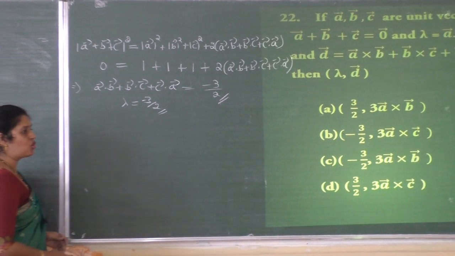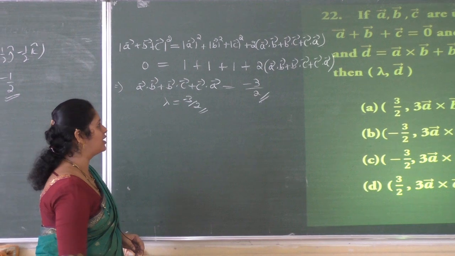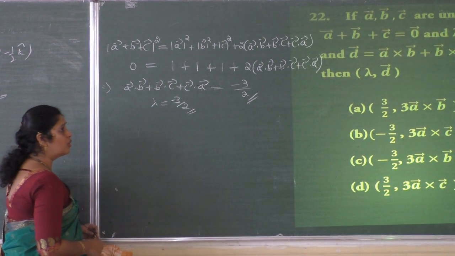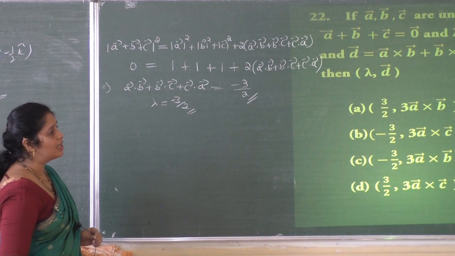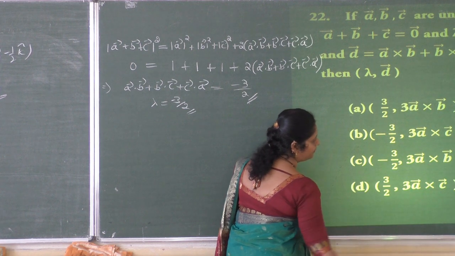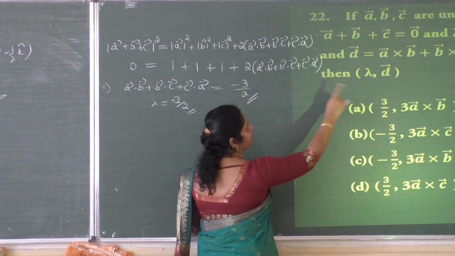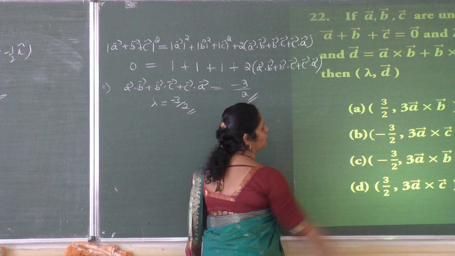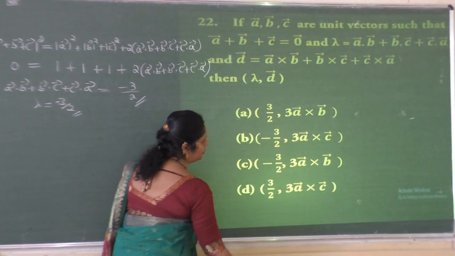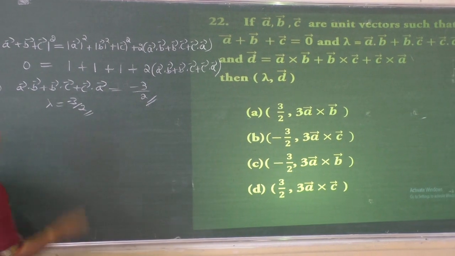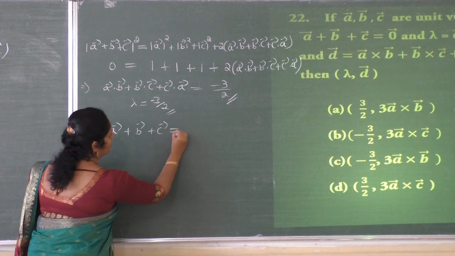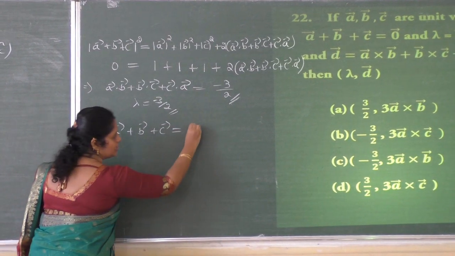Now, which is the right answer, option B or option C? Let us see after finding vector D. To find vector D, I need to get one answer, either this one or this one. From this condition we have to get what vector D is. I am taking vector A plus vector B plus vector C is the 0 vector, that is given.